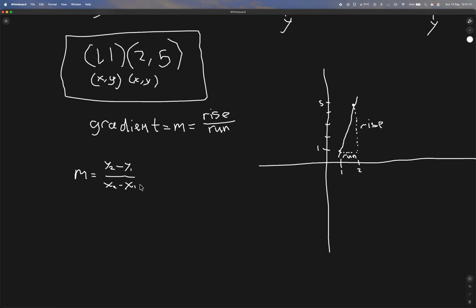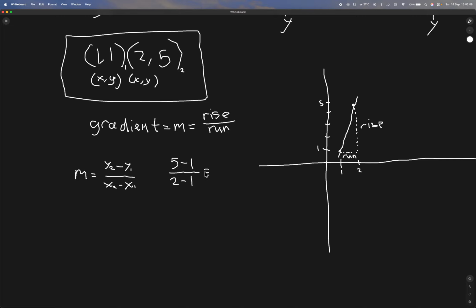Now, for these 2 points here, the one that you select to be your x1 and x2 doesn't matter, as long as you keep it consistent. So we'll call this one here our number 2, this one here our number 1. Okay? So we're going to put our y2, which is the y value of the second one, so 5 minus y1, which is the y of the first one, which is 1, over x2, which is the x of the second one, so 2, minus 1, because it's the x value of the first bracket.